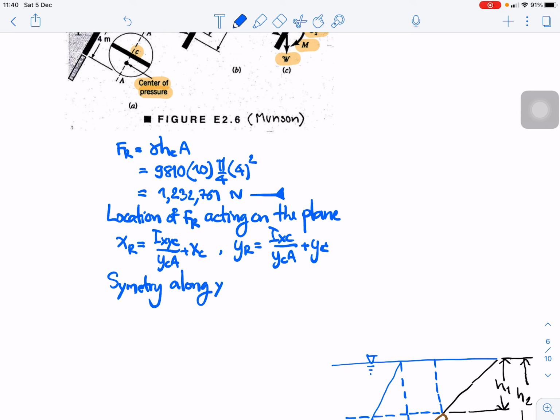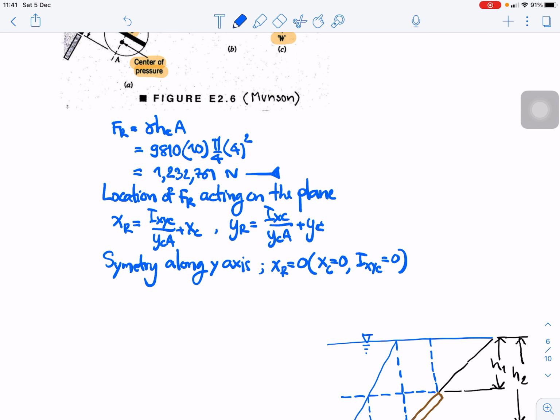Because it's a circular gate, it's symmetric along the y-axis. In this case it means xc is 0 and Ixyc is 0. So it means yR is on the y-axis.